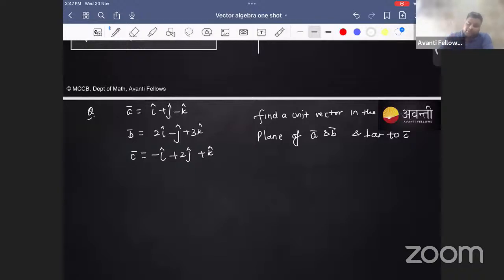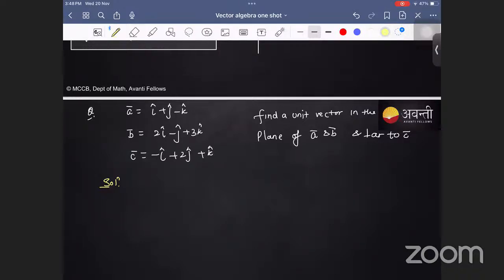First of all, how do we do it? See. Madhukar, Bhagat, Bhagat, Bhagat, switch on your mic. Sir.